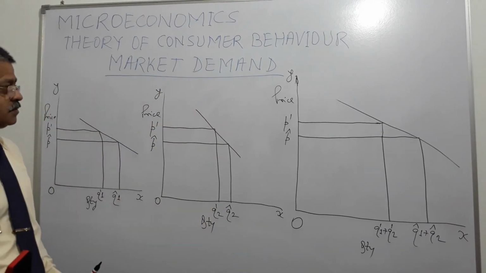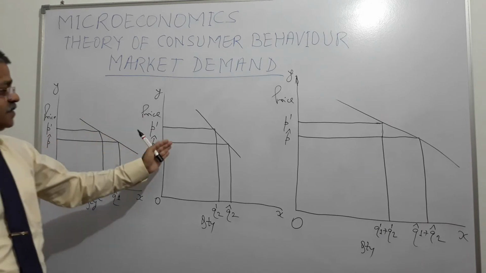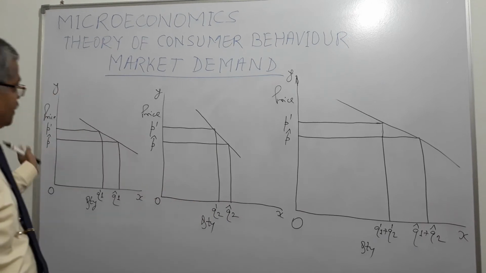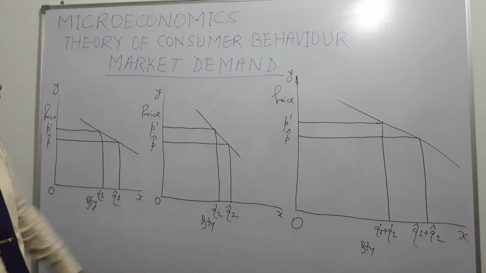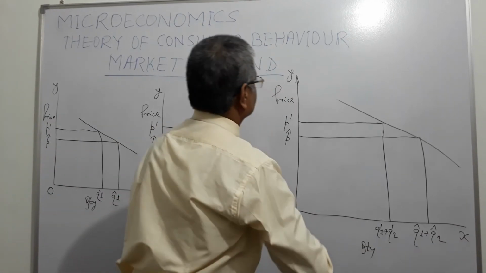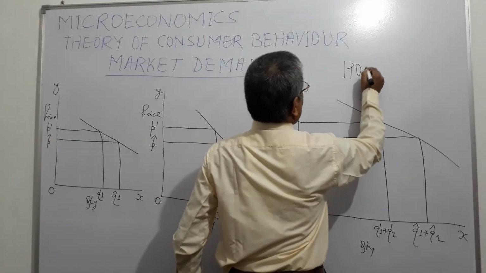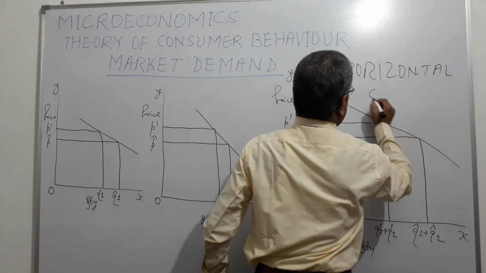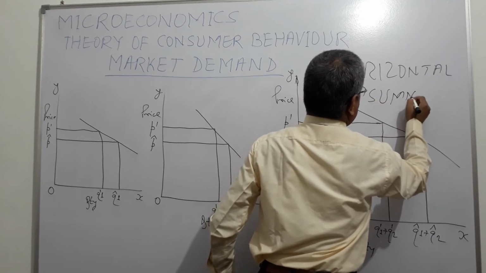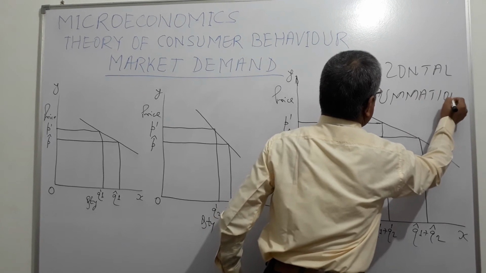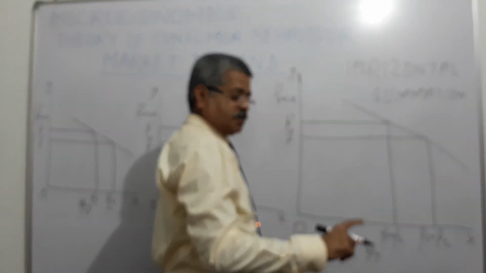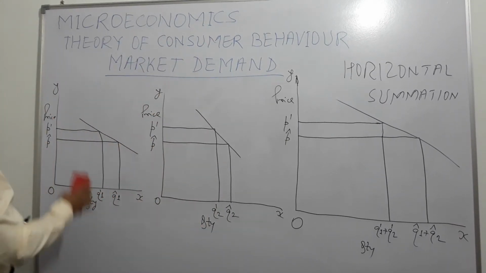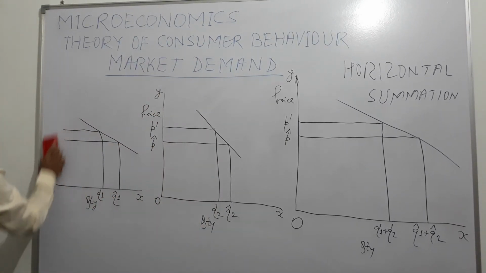This plus this is equal to this. This is the market demand. These are individual demands. It is called horizontal summation to arrive at market demand.